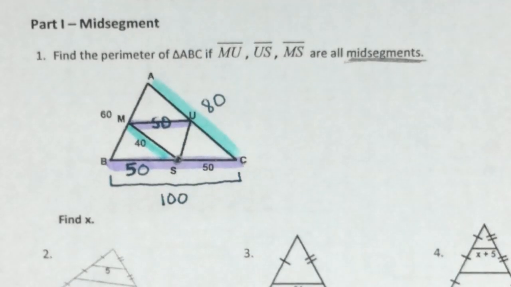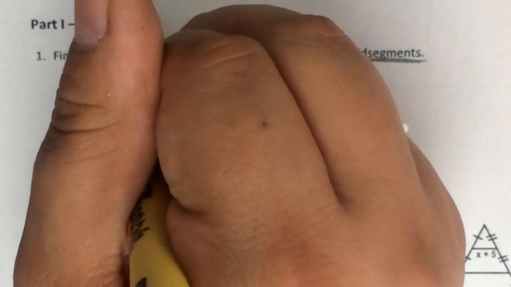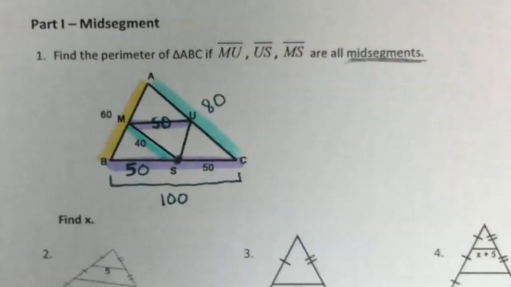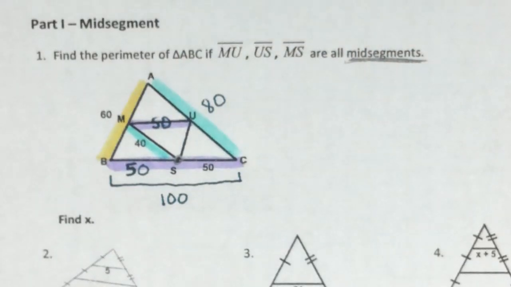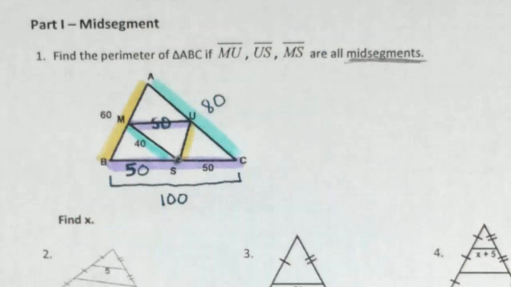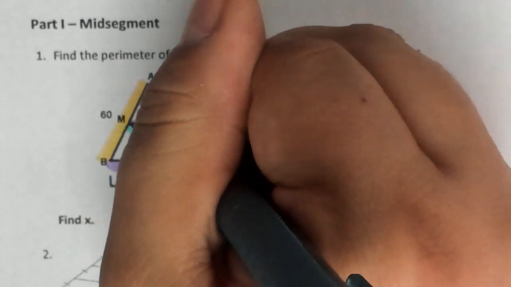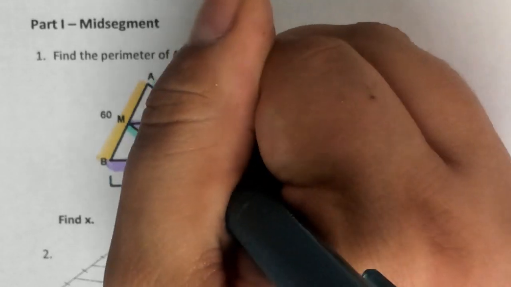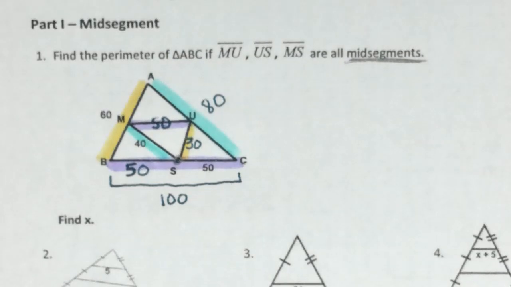Perfect. Last but not least, I have 60. AB is 60. What goes with AB? What's AB's mid-segment? US. And so if AB is 60, what is US? 30. We didn't need to find that, but again, it's good practice.